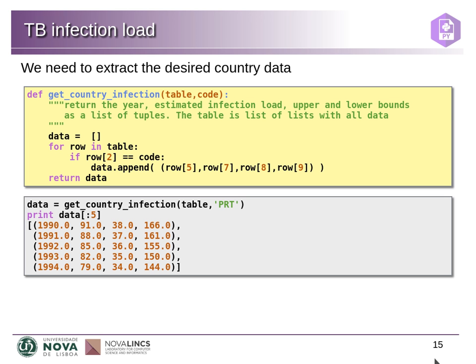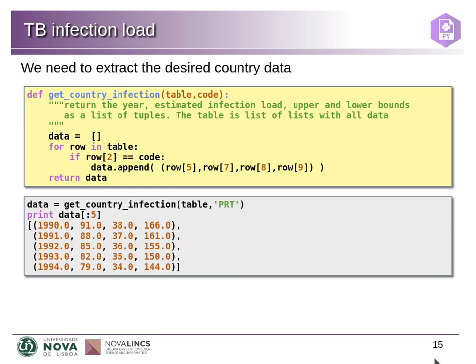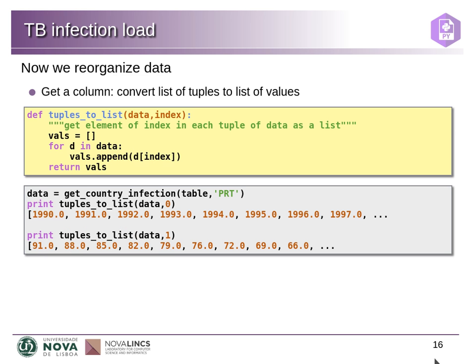But we can easily do this by writing a simple function that we give the data like this, so a list of tuples. We say which value we want here in the index, and this function simply creates a list with the values in that index for each tuple. So it goes through all the lines in this matrix, and then creates a list with the values at the index that we want. So basically it's retrieving one column from that smaller table.